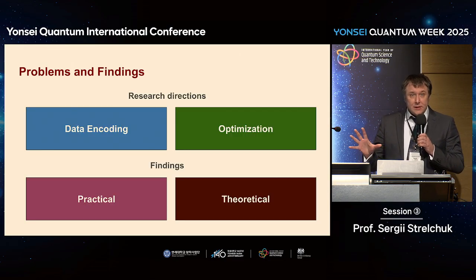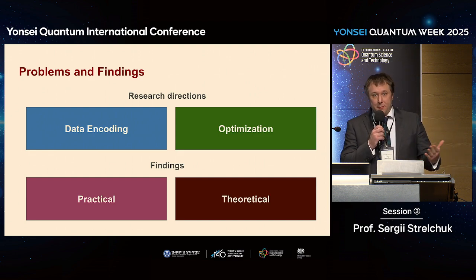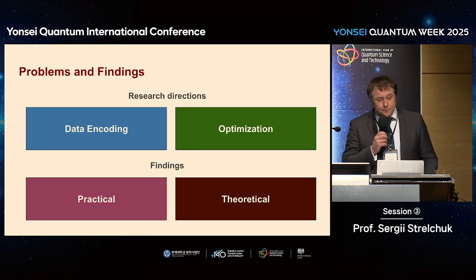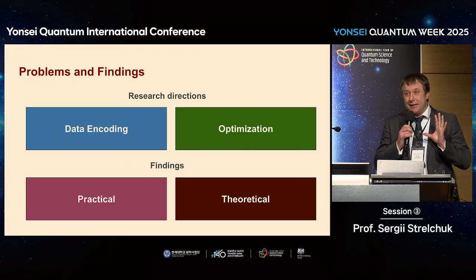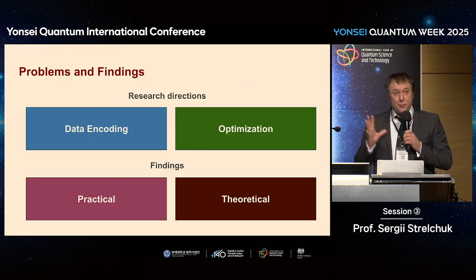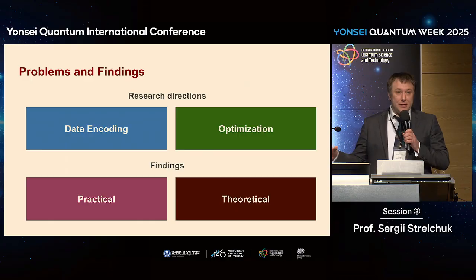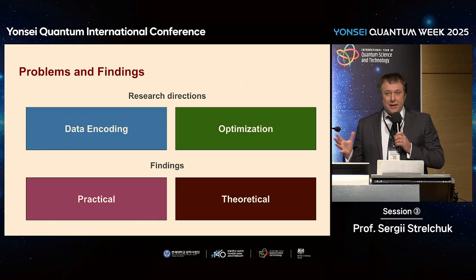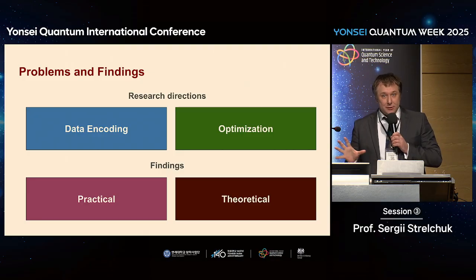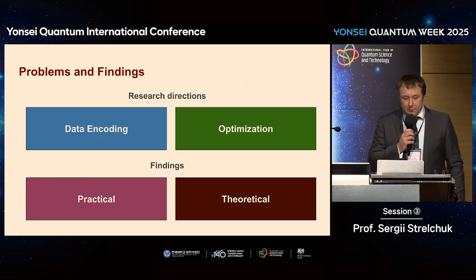Broadly speaking, I've been working in this space with my bioinformatician colleagues for over a year and a half. I can tell you there are a lot of new exciting results and developments, and I can broadly break them down into four categories. There are two major research directions which naturally arise from this work. One has to do with data encoding, another one has to do with optimization algorithms, in particular quantum optimization algorithms.